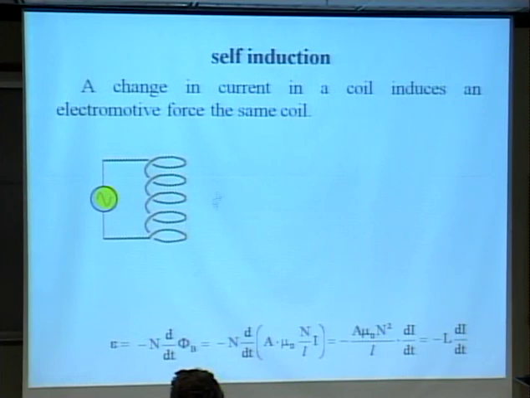Now, an ideal inductor will be made from a material whose resistivity is 0. So the only way to produce potential difference between the terminals of that inductor is because of self-induction. Self-induction is the source of potential difference across this element.